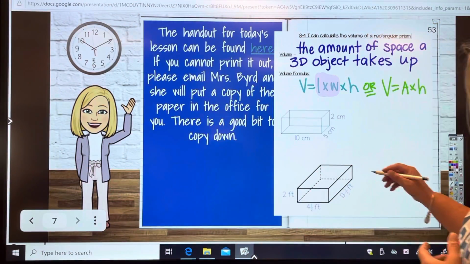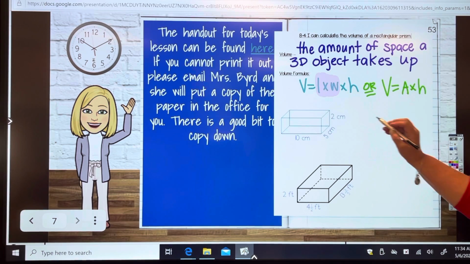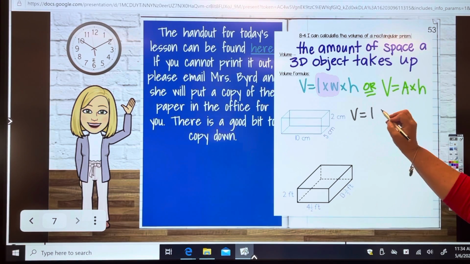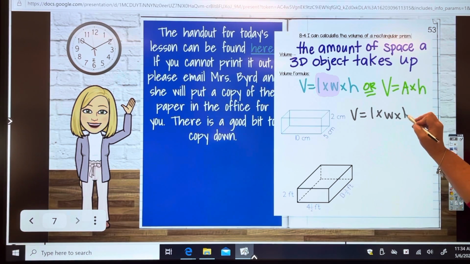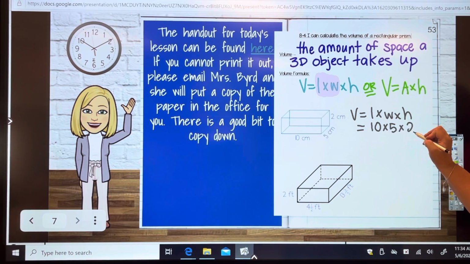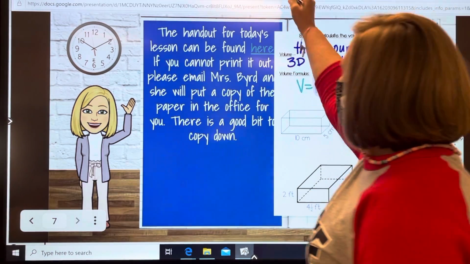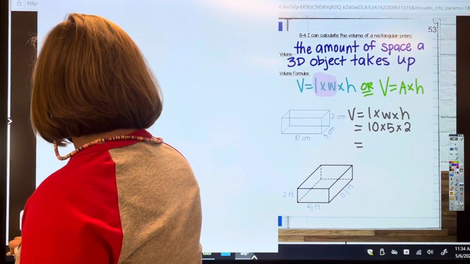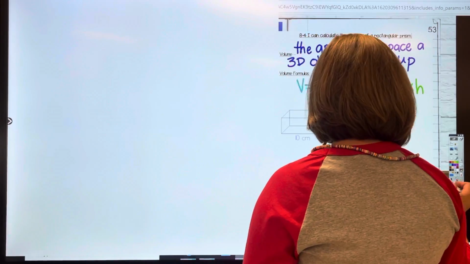So let's look right here. Our first one. Our formula is volume equals length times width times height. What are our 3 numbers for that first rectangular prism? 10 times 5 times 2. I want you to do that without talking.